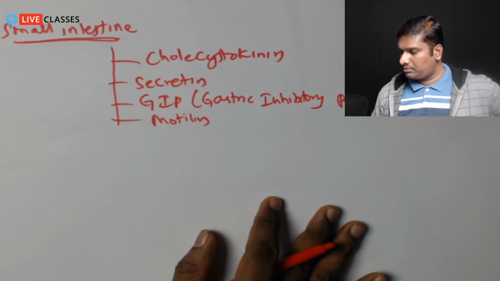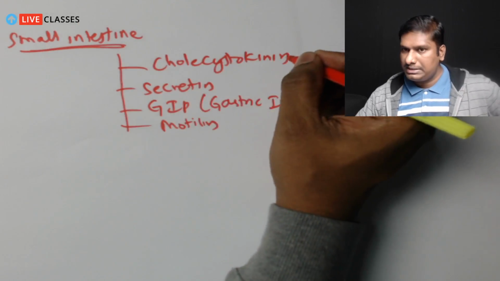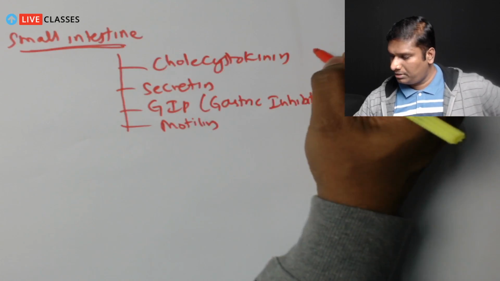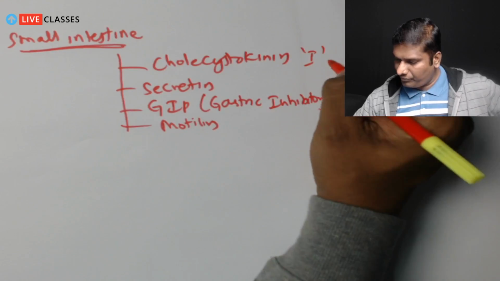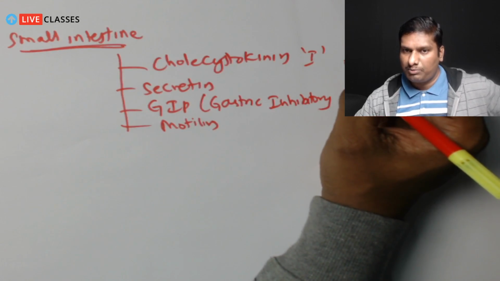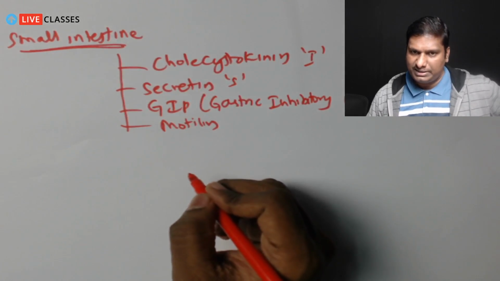Now here itself I'll tell you, cholecystokinin is produced by the I cells of the small intestine. Secretin is produced by the S cells of the small intestine.